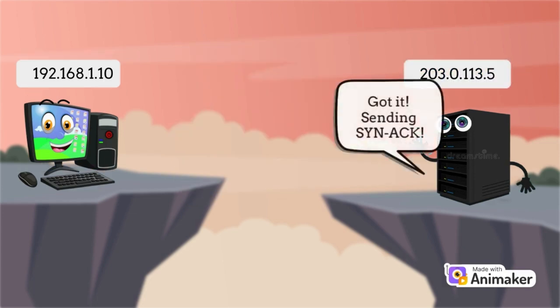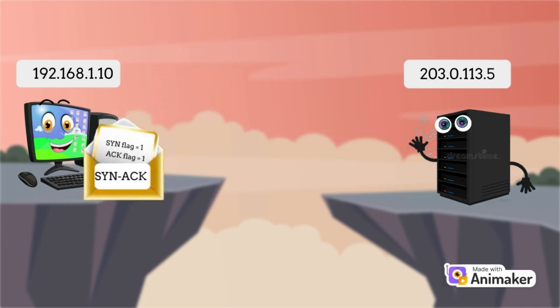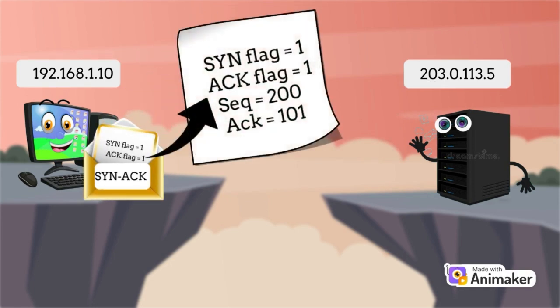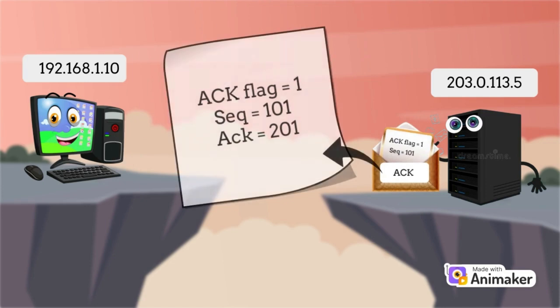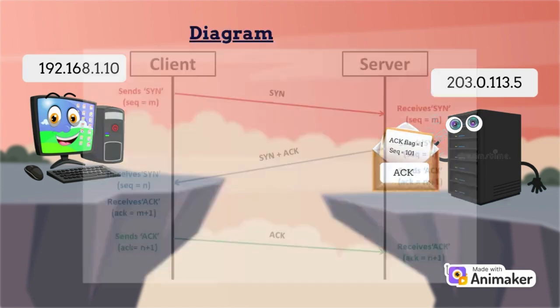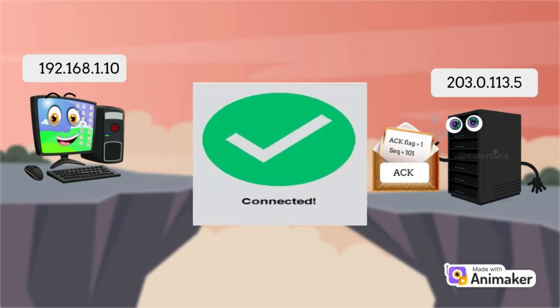In response, the server replies with a SYN-ACK packet, acknowledging the client's request and establishing its own sequence number. This packet tells the client, "I received your request, and I'm ready to communicate." Finally, the client sends an acknowledgement (ACK) packet back to the server, confirming that the connection is established. Now, the server can start sending the data, the Mona Lisa image.